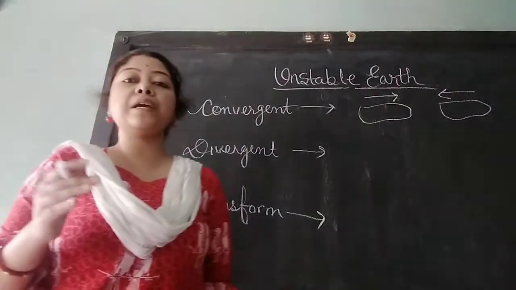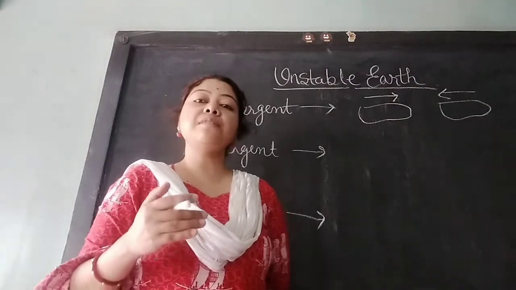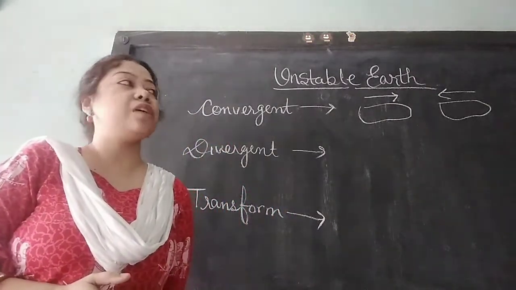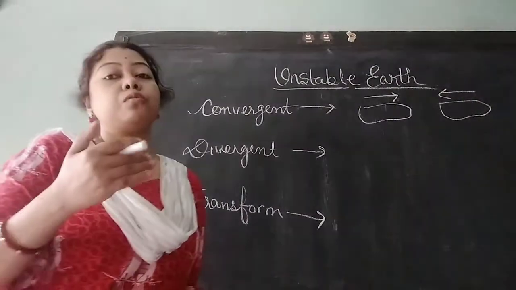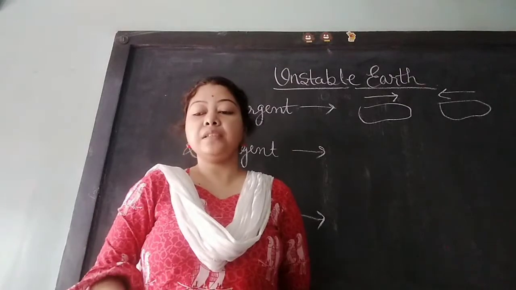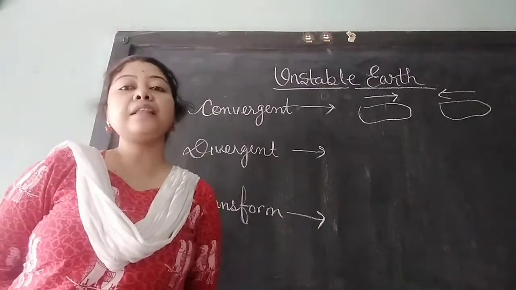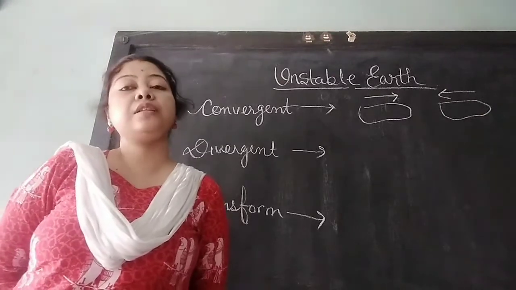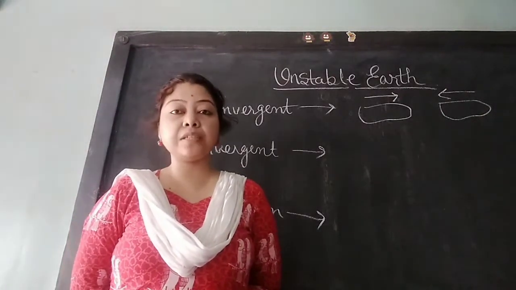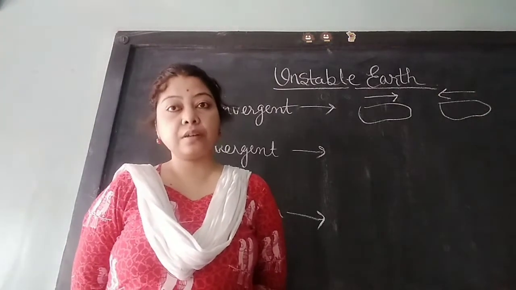When the two plates come towards each other, the relatively lighter plate will go above the heavier plate, and the junction where the lighter plate moves above the heavier plate is known as the subduction zone, and the process by which the lighter plate slides over the heavier plate is known as subduction.